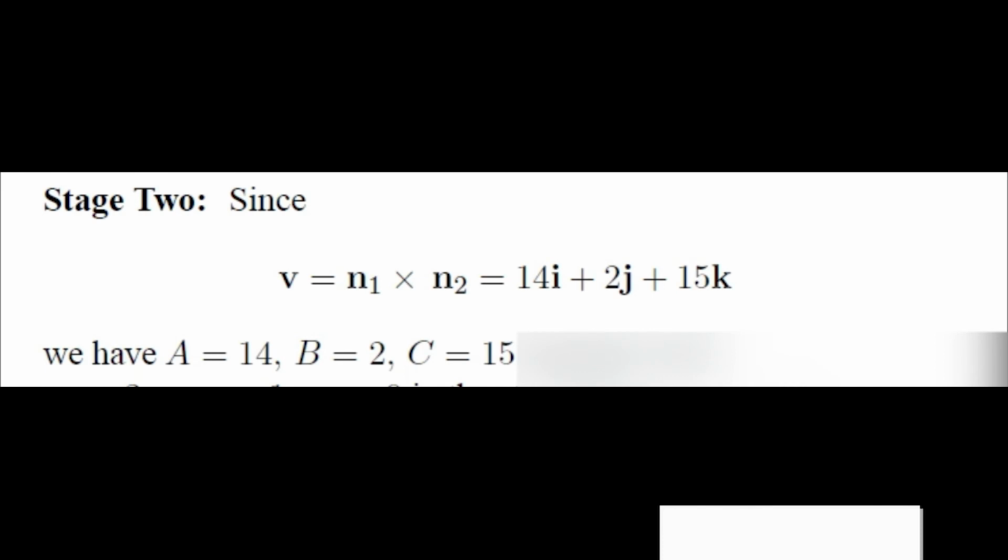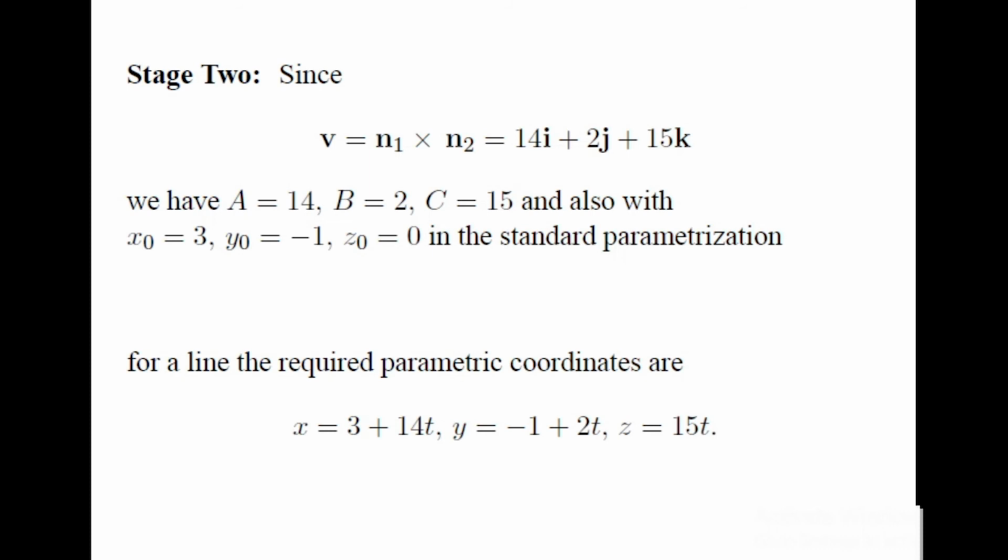Since vector v is equal to vector n1 cross vector n2, which is equal to 14i plus 2j plus 15k, we have a is equal to 14, b is equal to 2, c is equal to 15, and this gives the required parametric equations as x is equal to 3 plus 14t, y is equal to negative 1 plus 2t and z is equal to 15t.